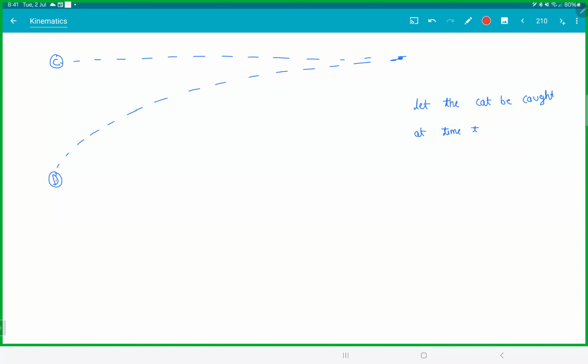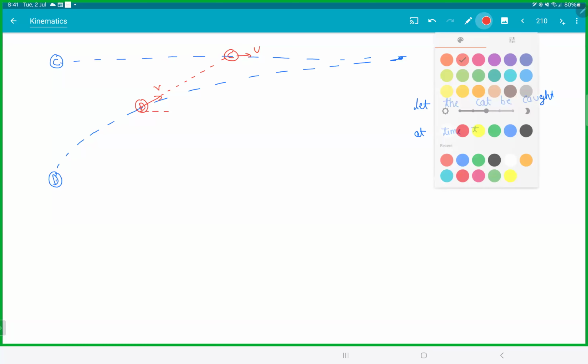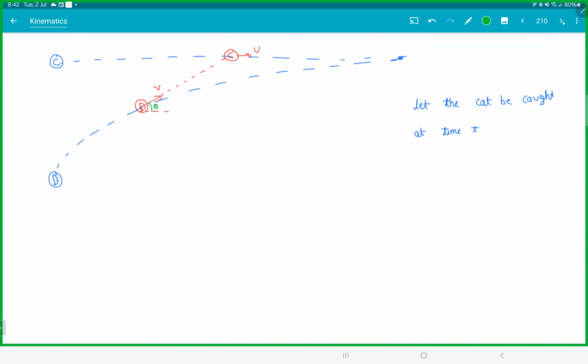Now, during any intermediate stage, when the dog is here, the cat is here. If you look at this angle here, with theta, the v cos theta is the horizontal component, and this is the v sin theta. This is the horizontal component of the dog's velocity.